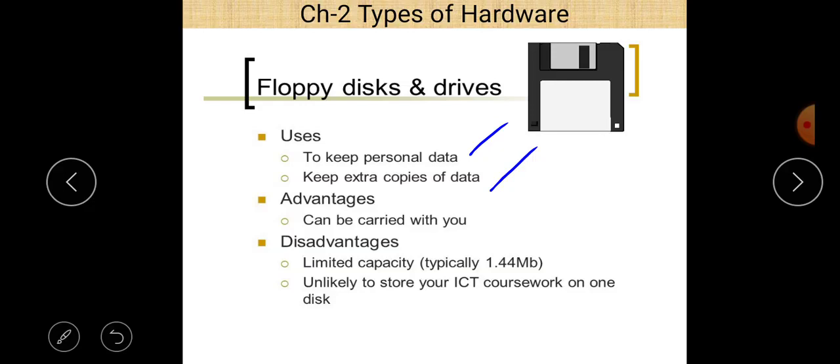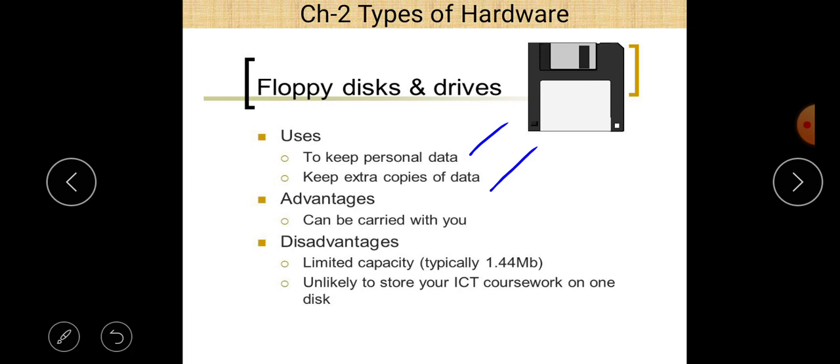That's why they are not popular nowadays, and they are almost not a part of any computer system, and it is unlikely to store ICT coursework on one disk. So that is the second disadvantage of floppy disk. The most common size of the floppy disk is 1.44 MB, which is very small. So these are not used nowadays.